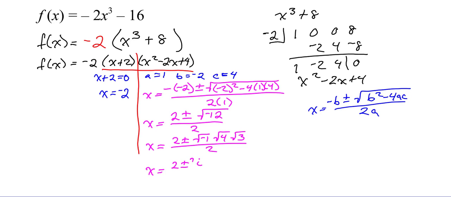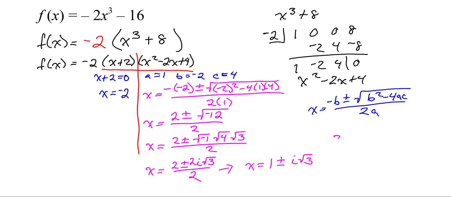Square root of 4 is 2, and we're left with the square root of 3 divided by 2. And we can simplify this even more because both terms on top are divisible by 2. So that would then become x equals 1 plus or minus i square root of 3.